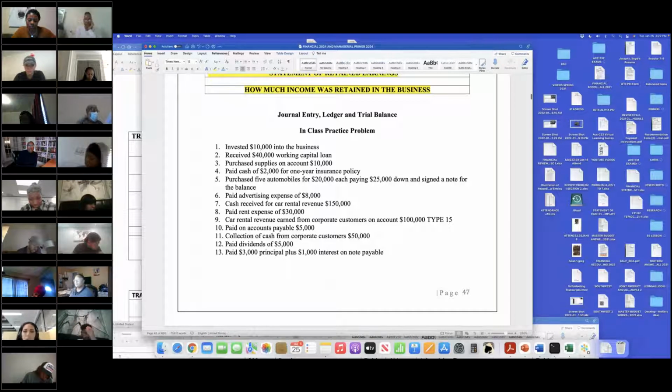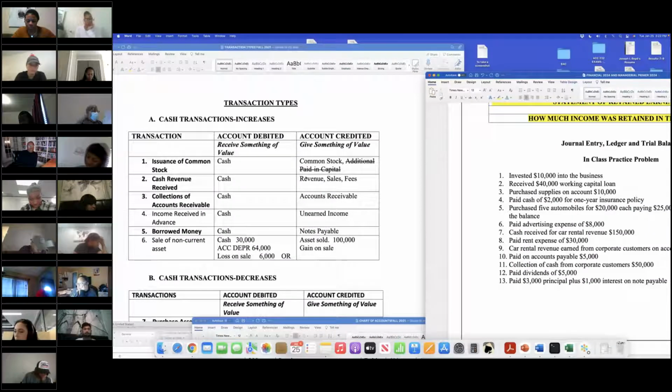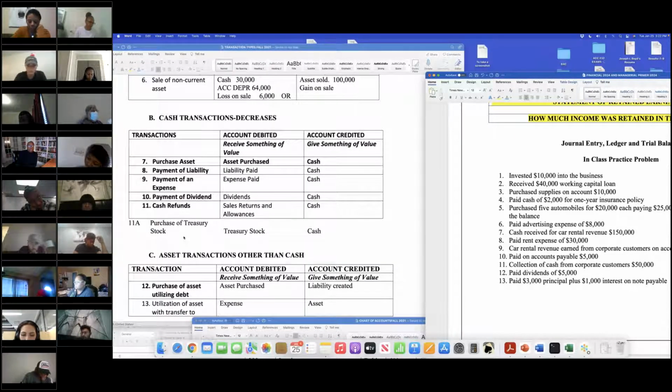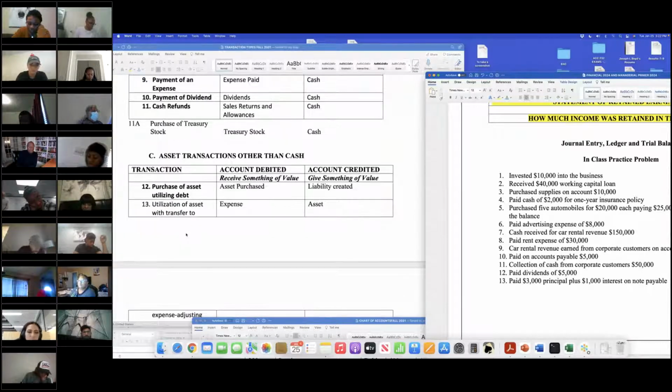Now, when we go to our types, we didn't pay any cash. So we cannot be in 7 through 11. You have an asset transaction other than cash. 12. It's going to be 12. So our type is 12.